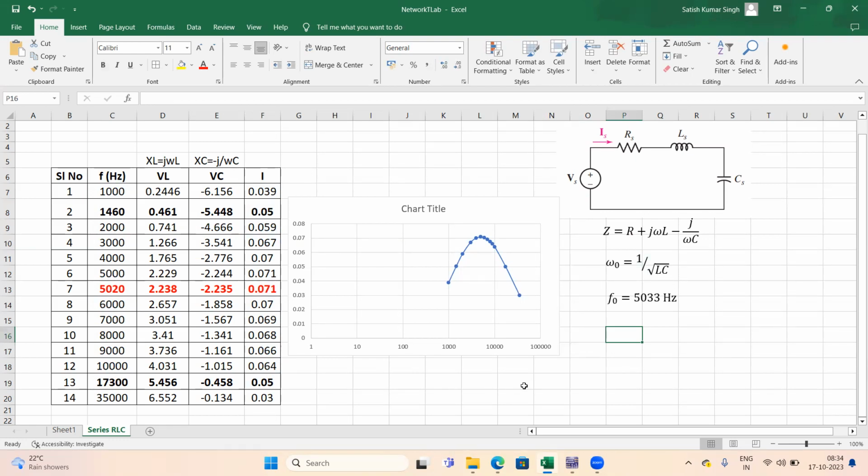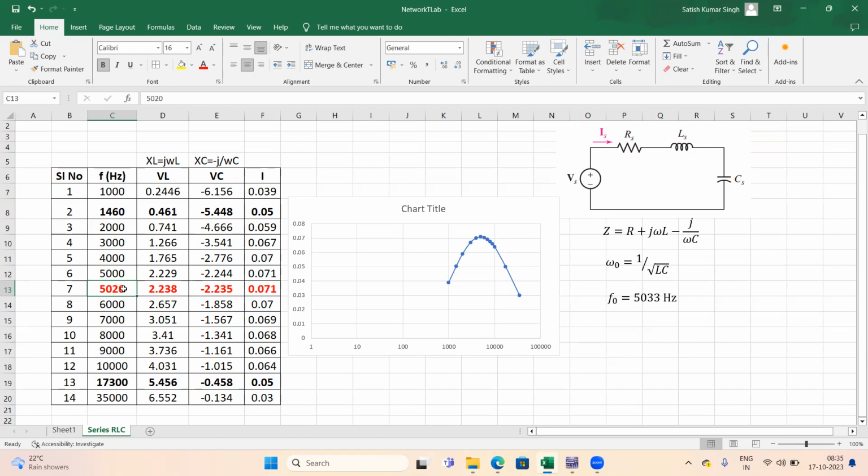If you don't want to calculate it by the formula, you keep changing the frequency values, and note down the particular frequency at which the magnitudes of the voltage drop across the inductor and capacitor, VL and VC, become equal. Here you can observe these two values are almost equal, and therefore this frequency will be your resonance frequency. That way we can also find it.